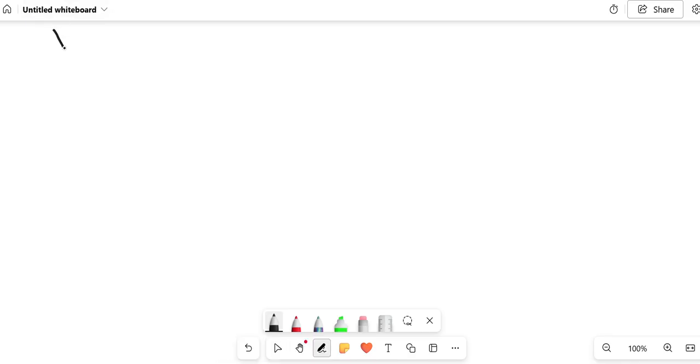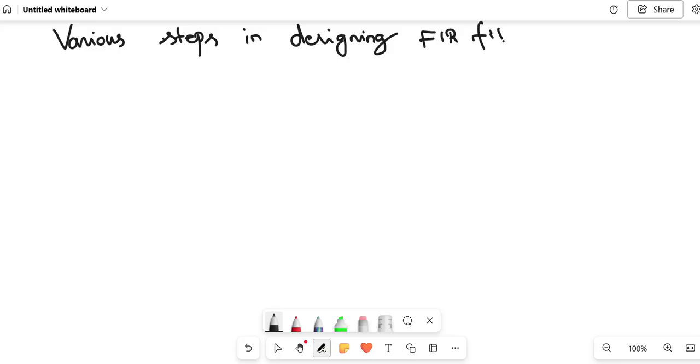So, the various steps in designing FIR filters. Remember that the FIR filter is a linear phase filter, and it is a more stable filter.